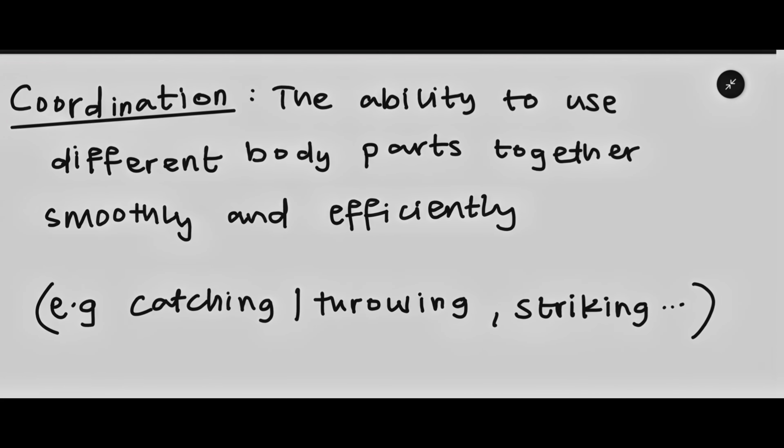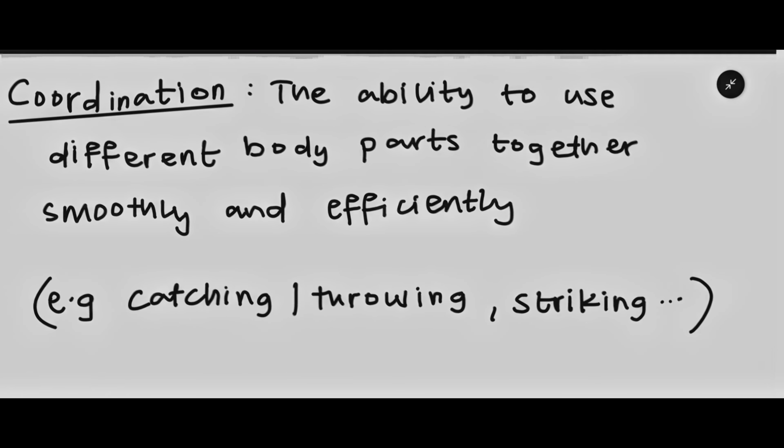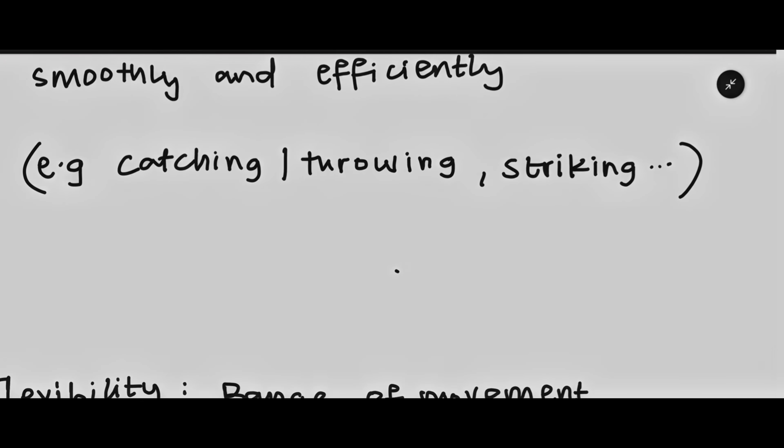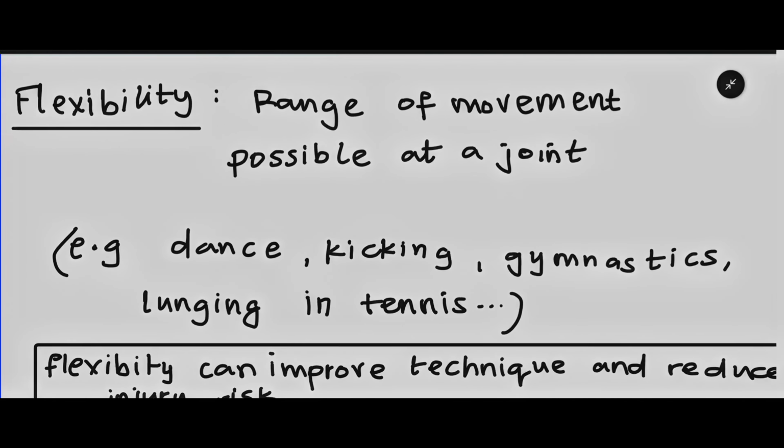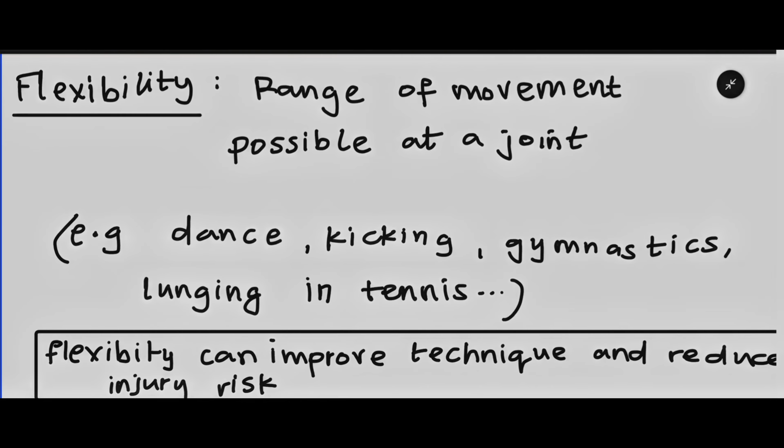Next, we have coordination, the ability to use different body parts together smoothly and efficiently. For example, anything that involves catching and throwing, or striking a ball, or performing a complex routine in gymnastics and things of that nature. Next, we have flexibility. Flexibility is the range of movement possible at a joint.